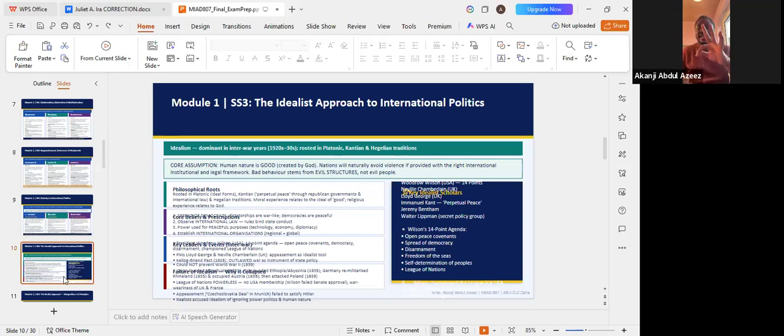Number 3 is that international institutions can help us to prevent conflict. These institutions, like the United Nations and other international organizations, serve as a framework to resolve disputes and prevent conflict in the international system.